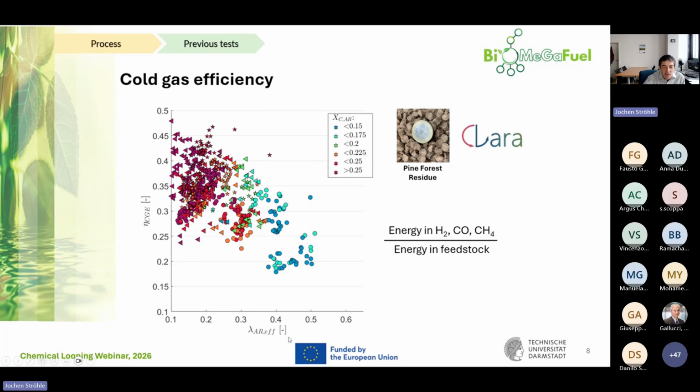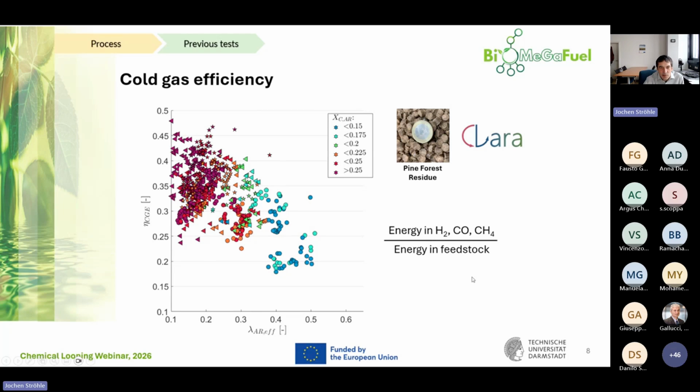In principle, we know from gasification that the higher the lambda is, so lambda is the stoichiometry of the overall system, the lower the efficiency. A stoichiometry of 1 would mean that we have as much oxygen as we need for complete combustion. So when we increase the lambda, which means the oxygen in the system, then more and more syngas is converted to CO2, so the cold gas efficiency will decrease.